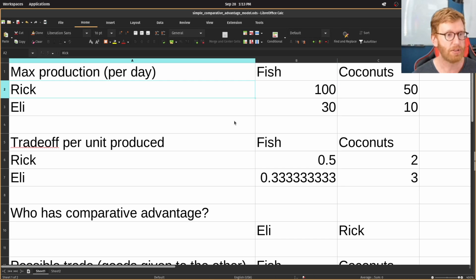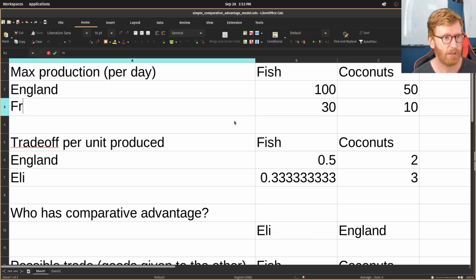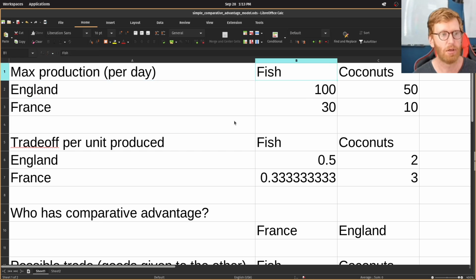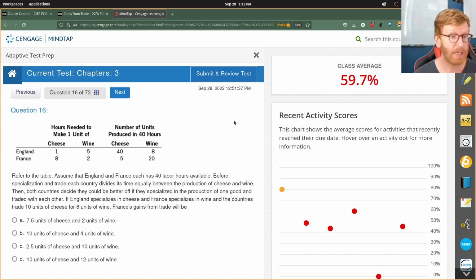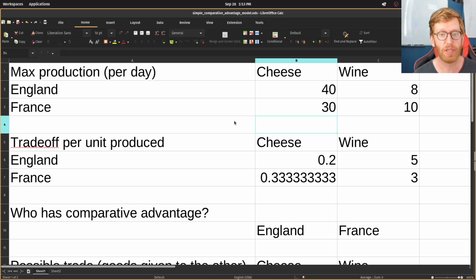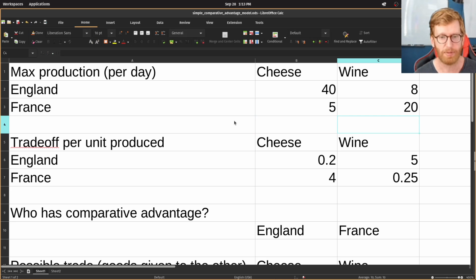So now we want England and France, and they're making cheese and wine. If England spends 40 hours on cheese, they produce 40 units of cheese. If they spend 40 hours on wine, they only produce 8. And for France, those numbers are 5 and 20.